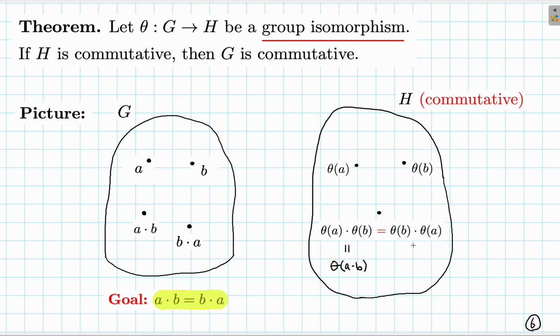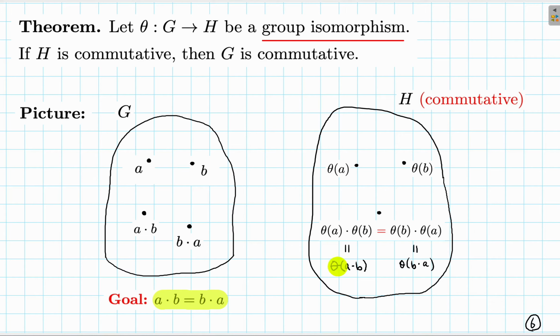Likewise, theta of B times theta of A is equal to theta of B times A. And so we know that theta of AB is equal to theta of BA.